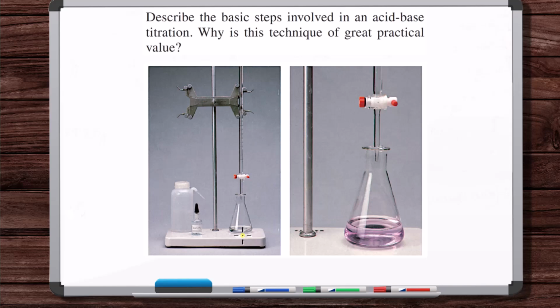Therefore, any problems we work in this section where KHP is the standard solution are going to involve titrating a strong base solution. Okay, so in the main example the textbook gave, which is what this picture is from, in the flask was a KHP solution, an acidic KHP solution.